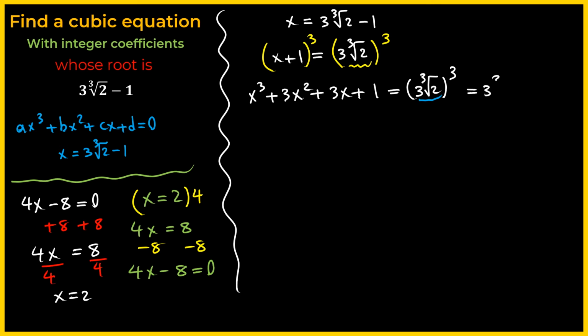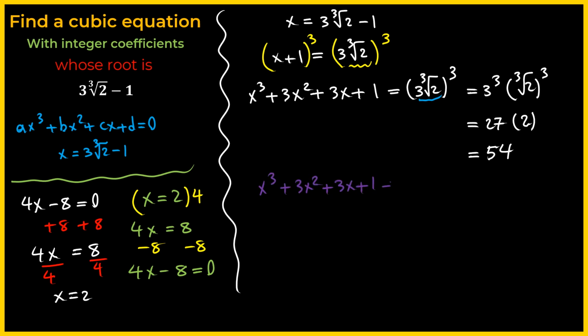So I get 3 cubed times cube root of 2 to the power of 3, and that equals 27 times 2, because cube root of 2 to the power of 3 is going to be 2, so we have 27 times 2, which is 54. So we found out x cubed plus 3x squared plus 3x plus 1 equals 54.